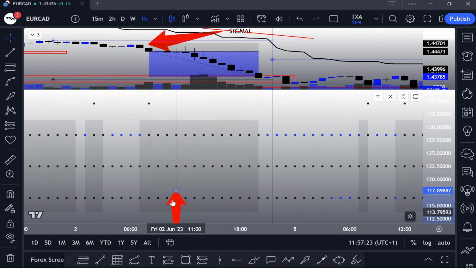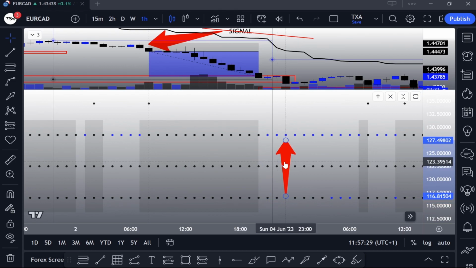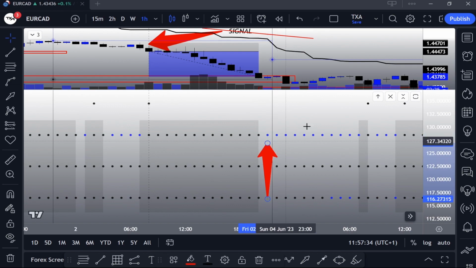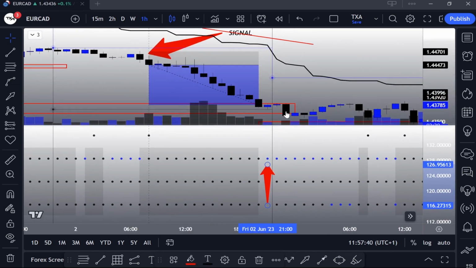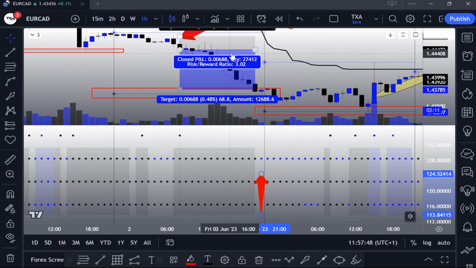It's a continuous box. Once this gray shadow stops, that means that the market is about to enter an area of consolidation, indecision, which means that the price is about to start going sideways. So once this gray box stops, you can take your profit and call it a day.